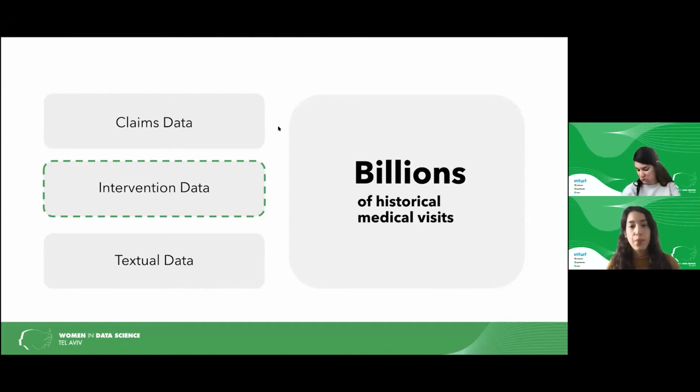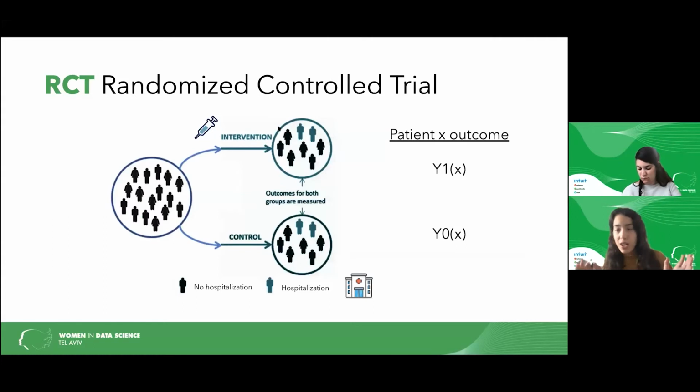So imagine that you have this crazy COVID virus, which we currently have, and there is finally a vaccine. In order to first understand what we do, let's go back to the medical world. In the medical world, in order to test a vaccine or to test anything, what they usually do is what we call a randomized controlled trial. They take a group and divide it randomly into two. One group receives the intervention, in our example the COVID vaccine, and the other group doesn't receive anything or receives a placebo.